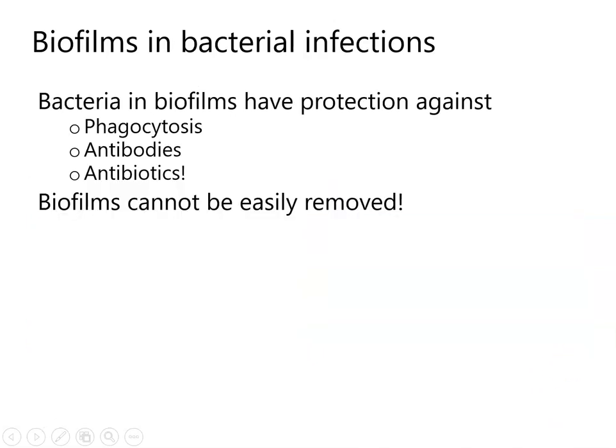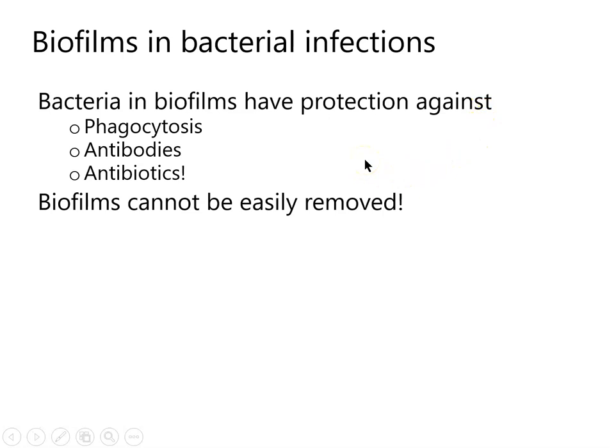In healthcare, we have to think about biofilms all the time, because if pathogens are growing in a person in the form of a biofilm, they're protected against phagocytosis. They're protected against the antibodies our immune systems make. They're protected against the antibiotics that we might inject or eat. And so they're very difficult to remove in a lot of cases.